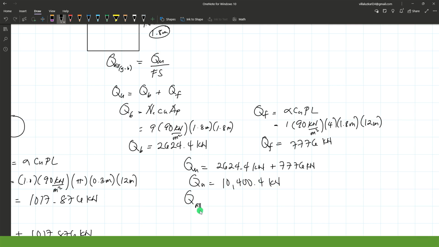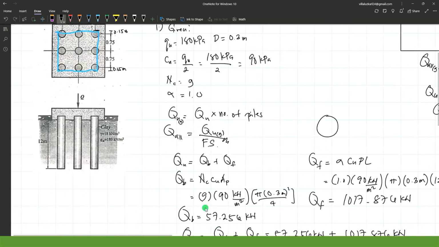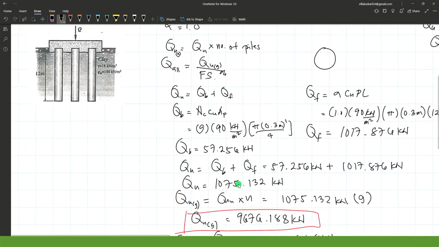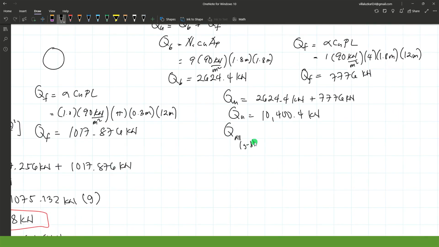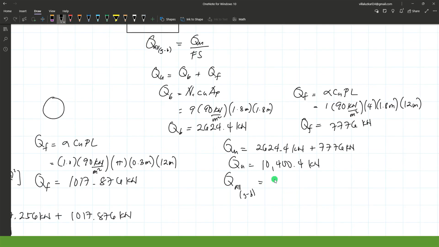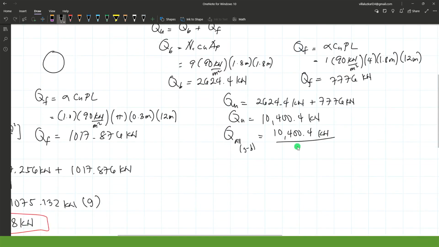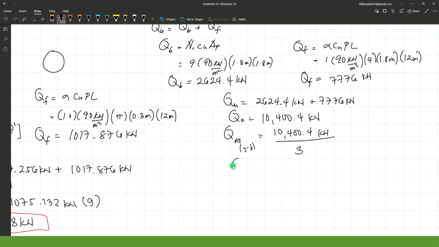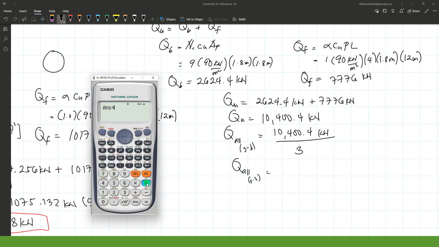So the allowable for a group of pile by block capacity, I'll just put the B symbol, is equal to 10,400.4 kilonewtons divided by the factor of safety, which is 3.